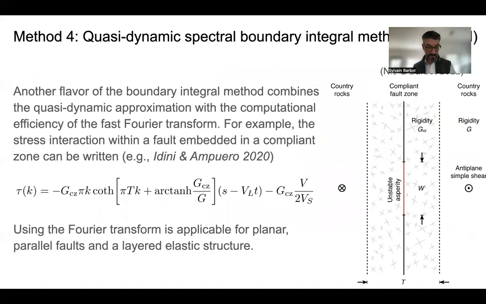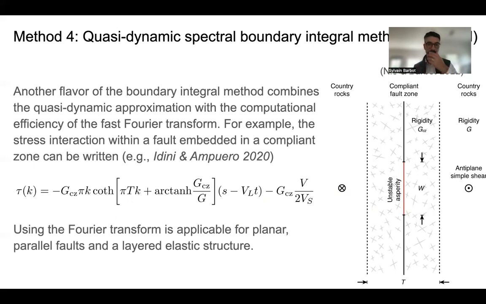Another approach to accelerate the calculation in the quasi-dynamic regime is to consider again the spectral method. So instead of representing the static term by an integral, we conduct this operation in the Fourier domain, where it becomes a multiplication. And these transfer functions in the Fourier domain oftentimes have a closed form solution.